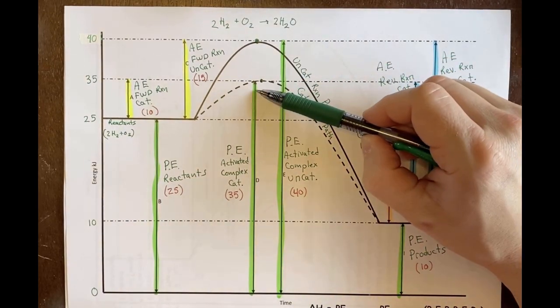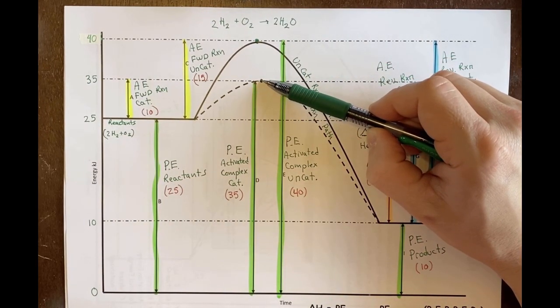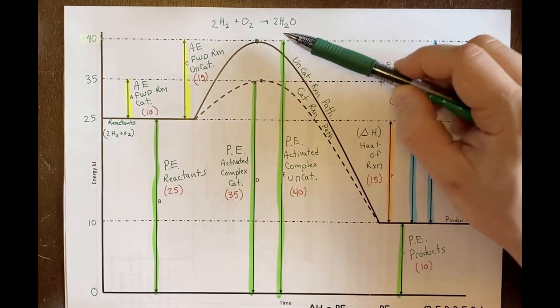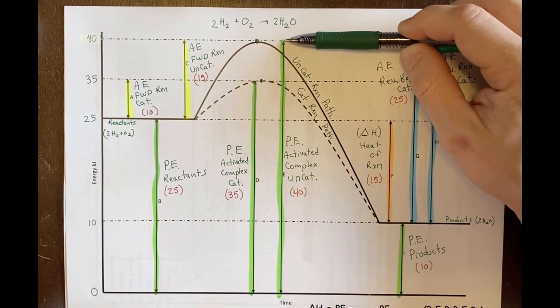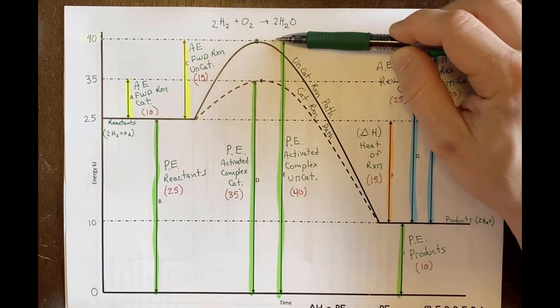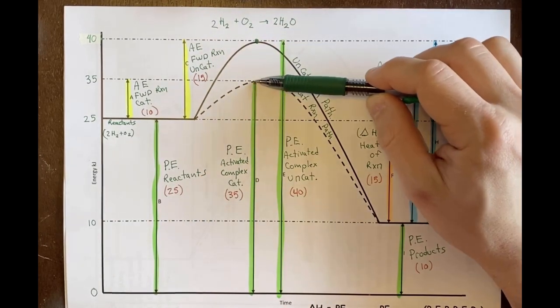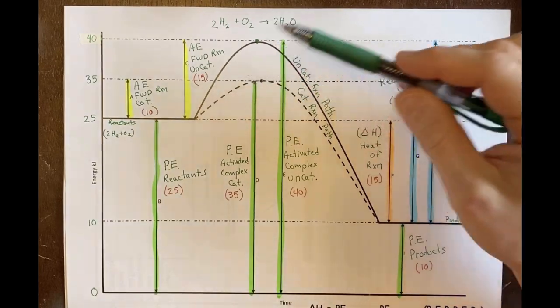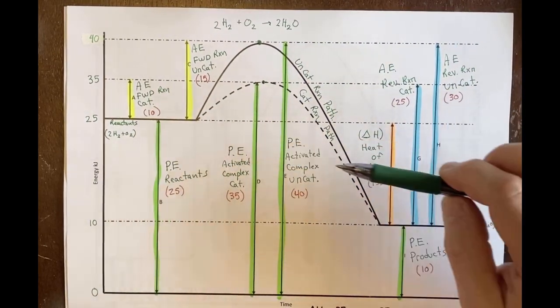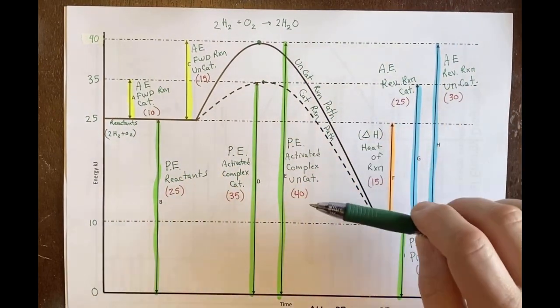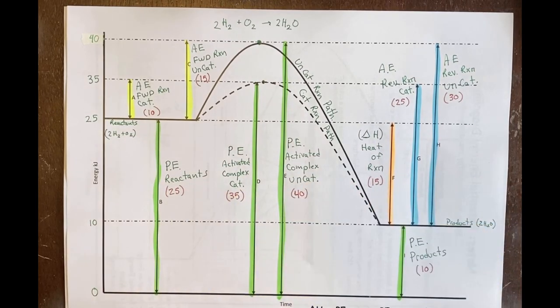So notice I don't have the lines touching the dot. They don't have to. They just have to touch the height of the dot. So that's why having this line off to the side is totally fine, because it's the same height as the peak of the curve. Same thing with this. It's supposed to represent the peak of the curve. So these are the potential energies of the activated complexes. The big ones uncatalyzed, the smaller ones catalyzed.